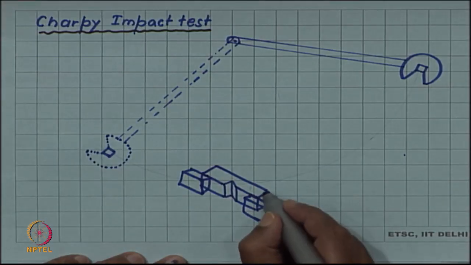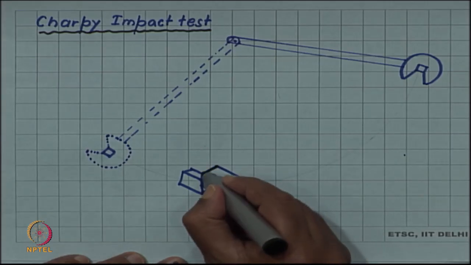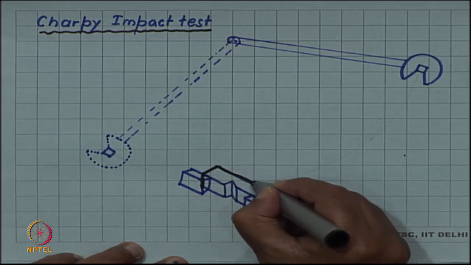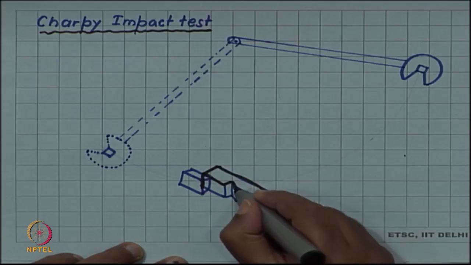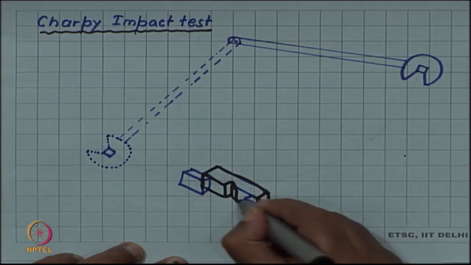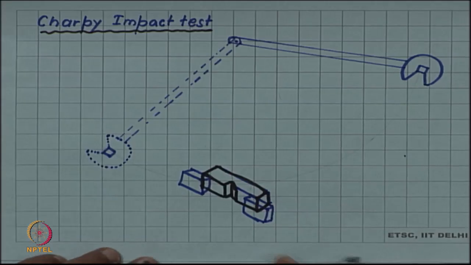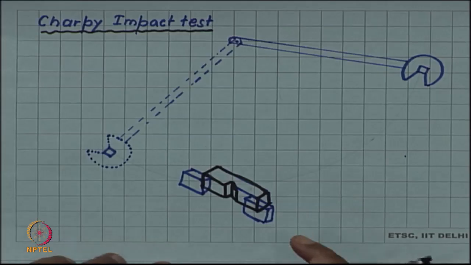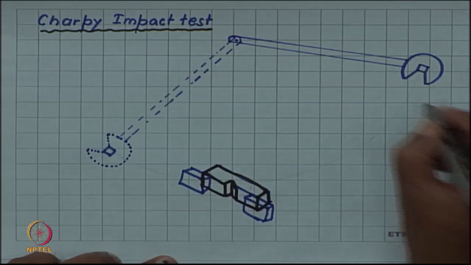It is a long specimen with a square cross section, but on one surface it has a notch. The sample is supported at two ends, it is a horizontal sample, and from behind it is struck by a very heavy pendulum.